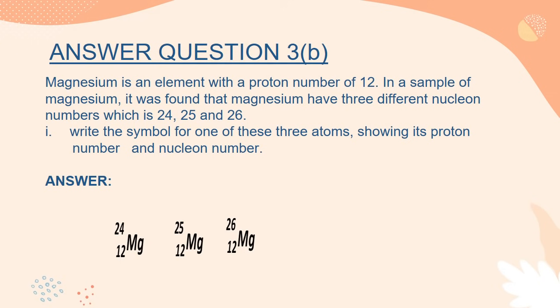So this is the symbol for isotope magnesium 24, magnesium 25 and magnesium 26. So take note, when we write symbol for atom, make sure proton number is at the bottom and nucleon number at the top. So for magnesium, we have 3 types of isotope, as 24, 25 and 26. For this question, you can get 3 marks.